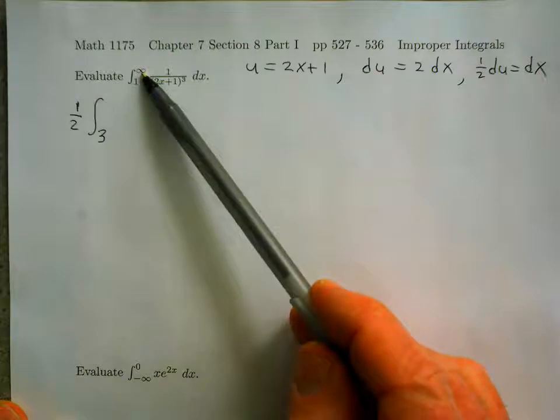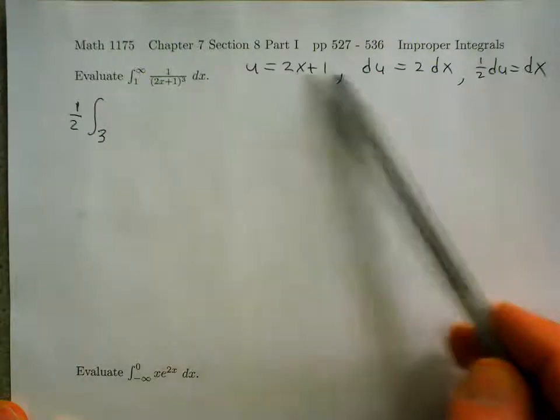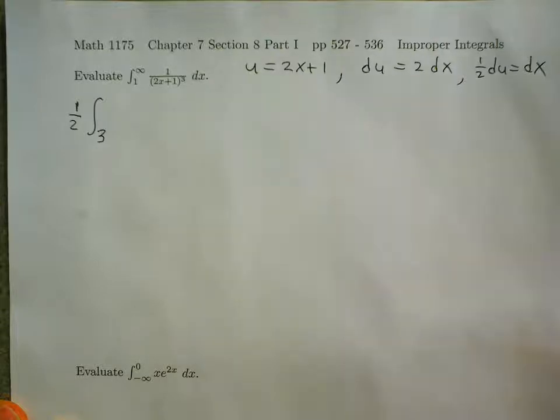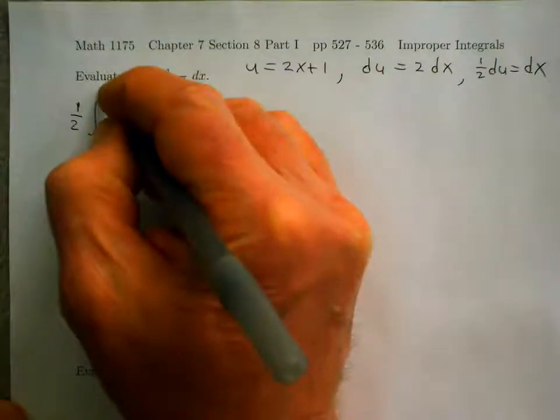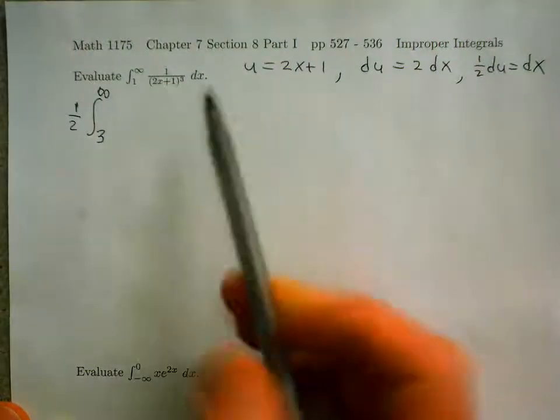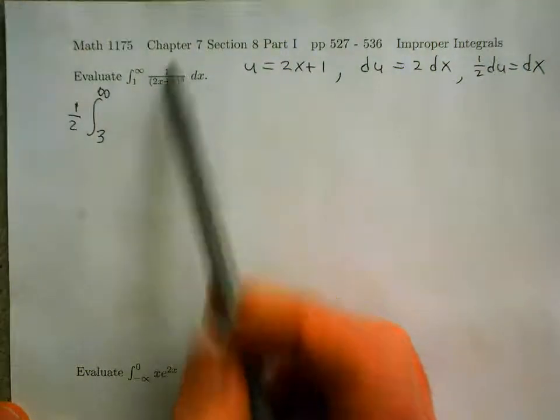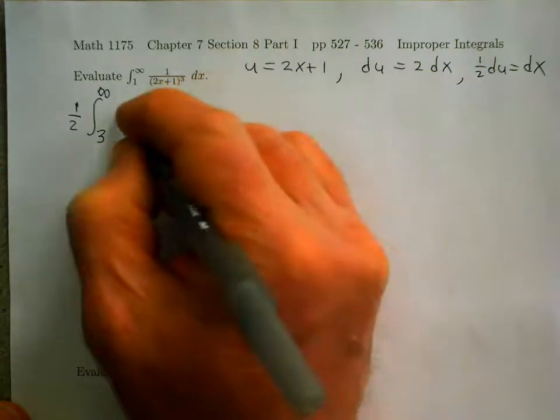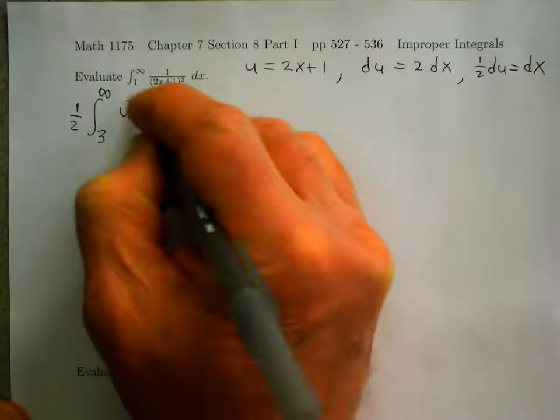The upper improper limit is infinity. When x goes to infinity, so does u. So the upper limit is still infinity. And then we have 1 over u to the third, but I'll just go ahead and write it as u to the negative 3 du.